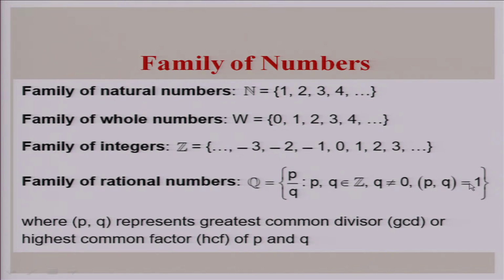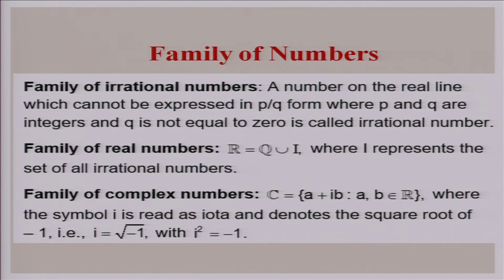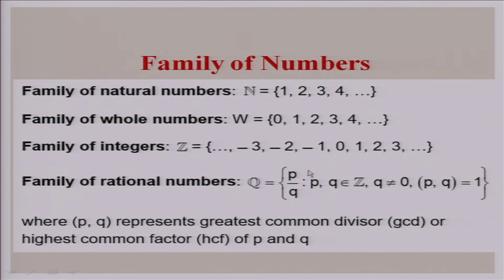So those types of numbers are written in the form p by q, where p and q have common factor 1. Now the family of irrational numbers. A number which cannot be expressed in the form p by q is known as an irrational number, and there is no standard notation for the set of all irrational numbers. Like we have the notations Q for the set of all rational numbers, Z for the set of all integers, and N for the set of all natural numbers.